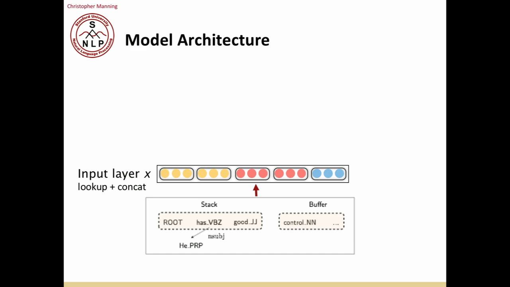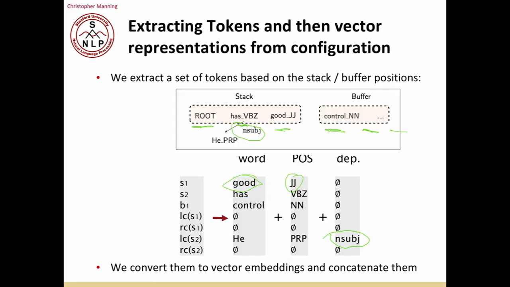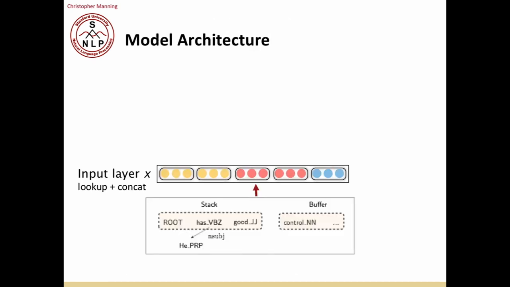So based on the configuration, we create an input layer, which means we're taking the stuff in these boxes, looking up a vector representation for each one, and concatenating them together to produce an input representation, similar to when we were making those window classifiers and we can concatenate a bunch of stuff together.